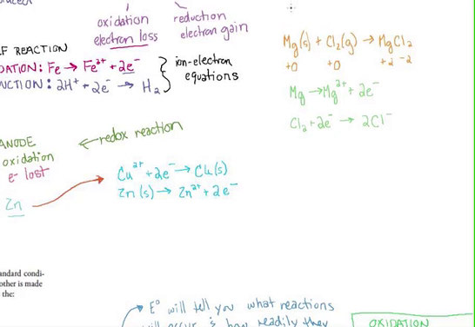We know from our little mnemonic device, OIL RIG, that if you lose electrons, that is oxidation. And chlorine, is it losing electrons or is it gaining electrons? That's right. It's gaining electrons. We know from OIL RIG that that's called reduction.